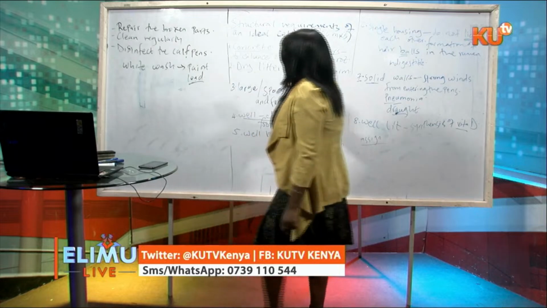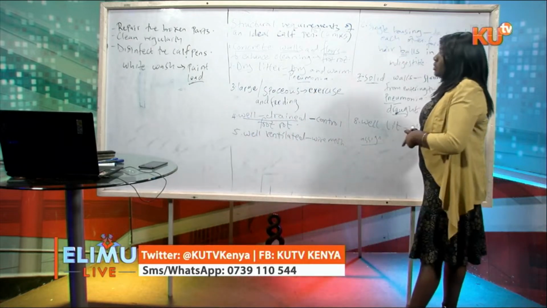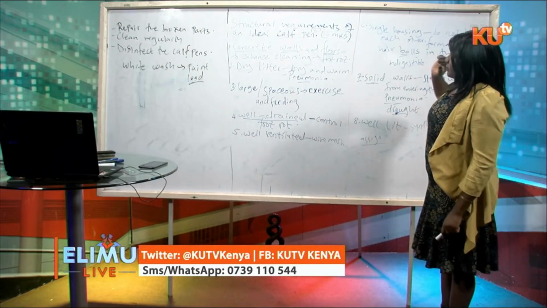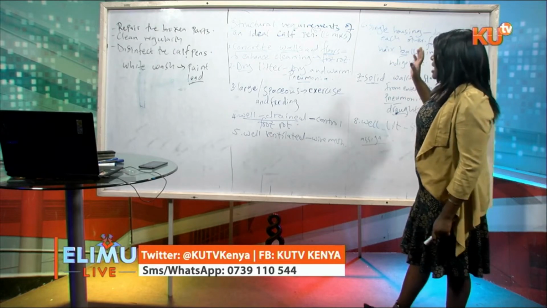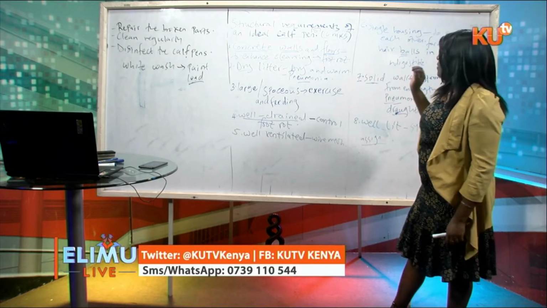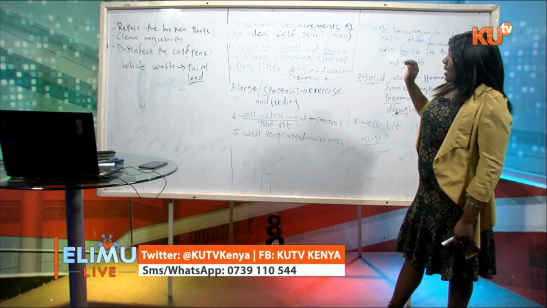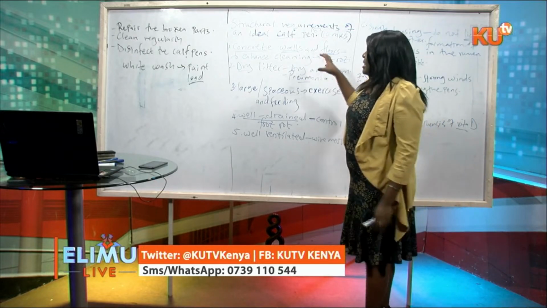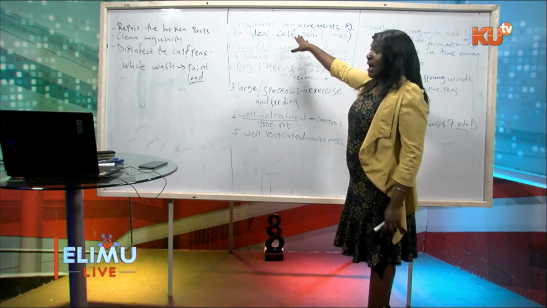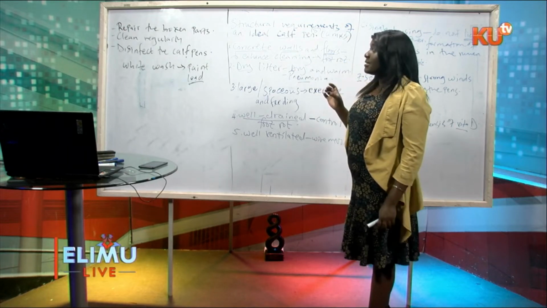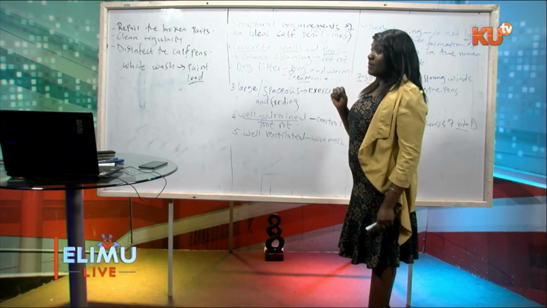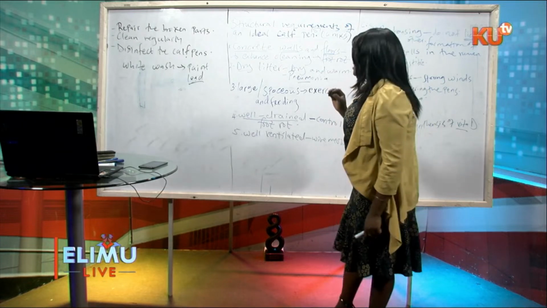But I would like to wind up this lesson by concluding that, whatever we have learned today, the key thing that you need to master are the types of calf pens, which we said are two main types, the mobile and the permanent ones.